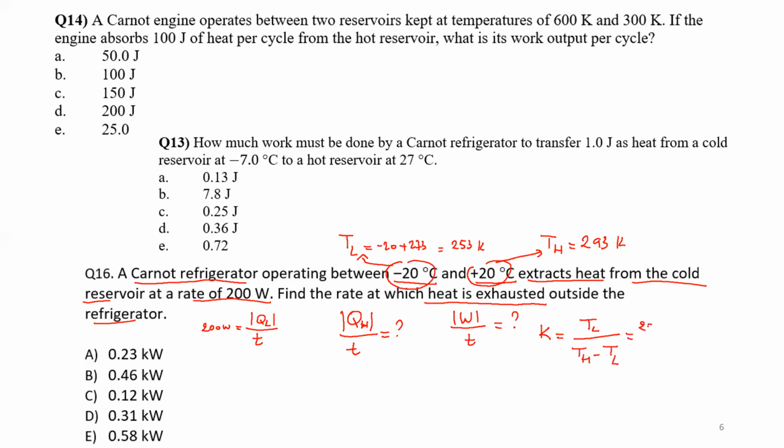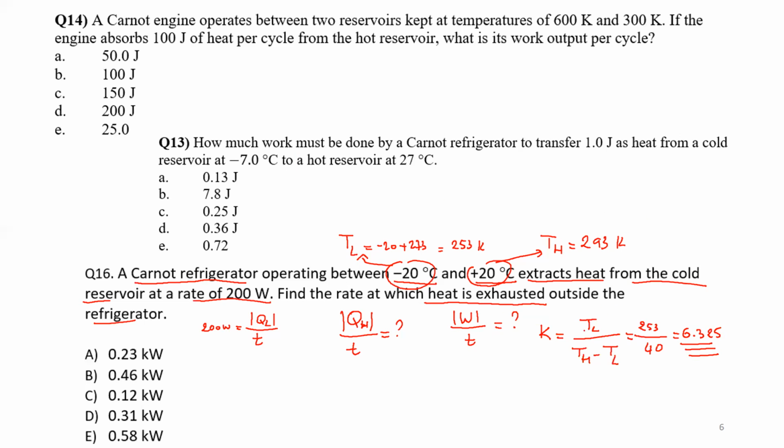So I will have 253 Kelvin divided by 293 minus 253, basically 40. So you will have a coefficient of performance of 6 point something. Let's calculate it very quickly: 253 divided by 40, 6.325. This is my coefficient of performance of this Carnot refrigerator.